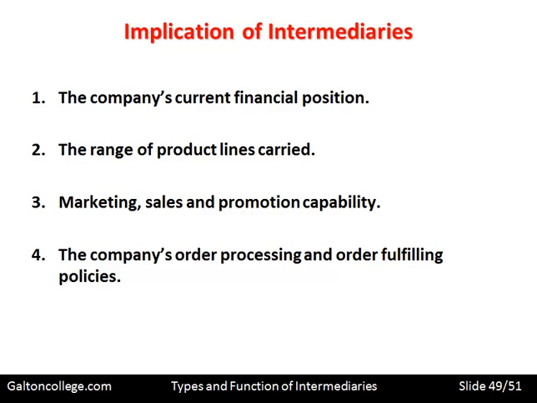So for example, the intermediary is well established in the market, has a long history of trading with the company, and has efficient dealings with the company in terms of both ordering and payment. But likewise, the company has a long history with the intermediary, and the company will make a quality product and deliver it on time according to the agreements that were reached during the ordering phase. So if the warehouse, let's say, wants a bulk delivery on a certain day, the company will try to facilitate that and deliver on that day.